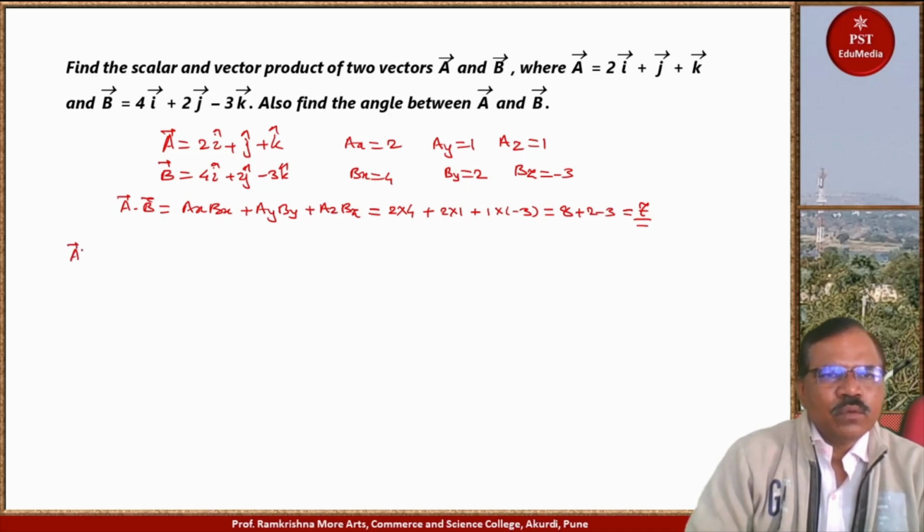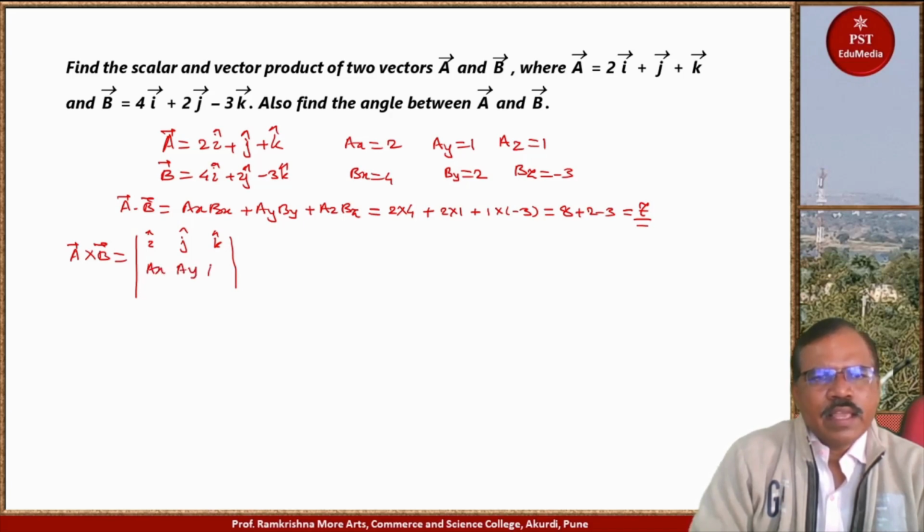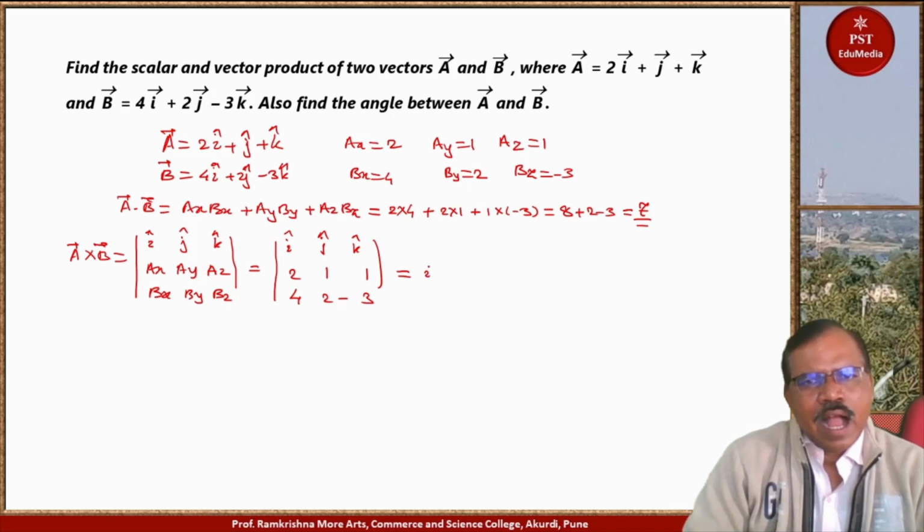And A cross B we have seen. A cross B is the determinant with rows i, j, k, then Ax, Ay, Az, then Bx, By, Bz. So it is i, j, k, 2, 1, 1, 4, 2, minus 3. For i, 1 into minus 3 is minus 3, and 1 into 2 is 2, so minus 5.